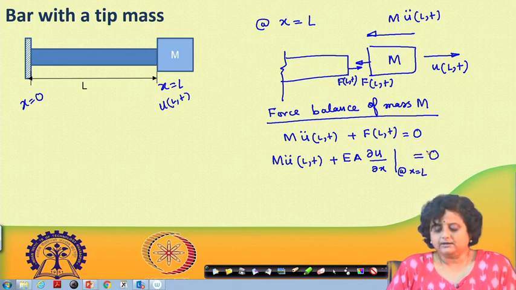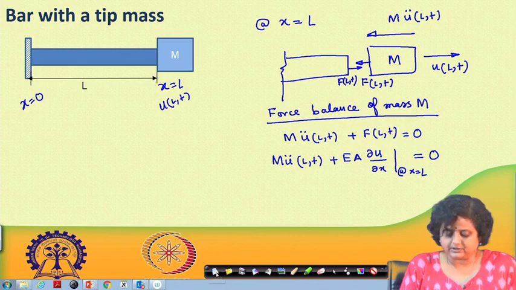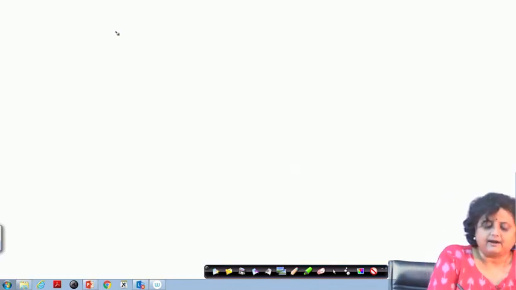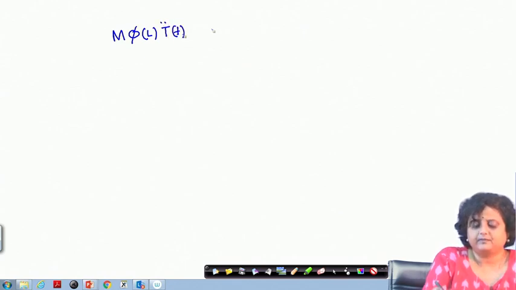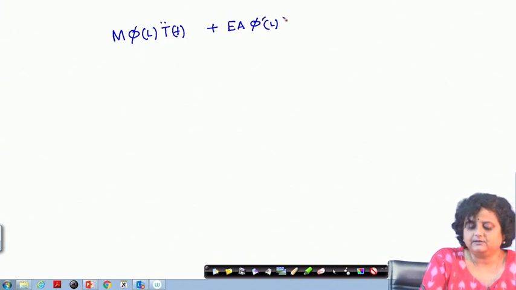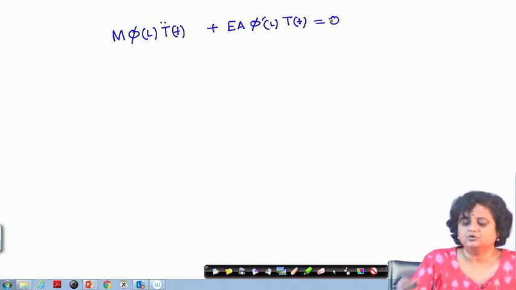Now, under normal mode of vibration, I can write this expression, which is going to be M phi L into T double dot t plus E A phi dash L into T t is equal to 0. So, what I have done?